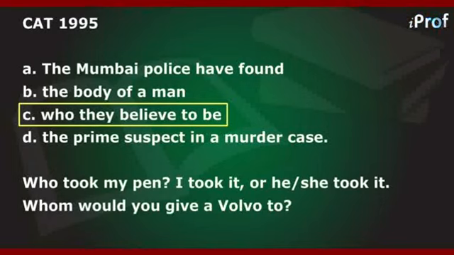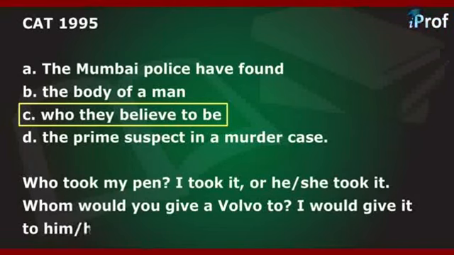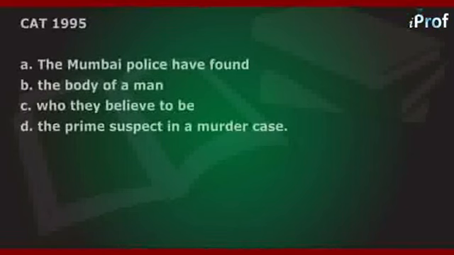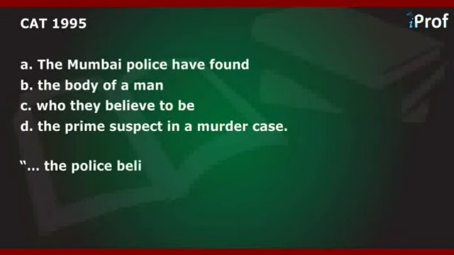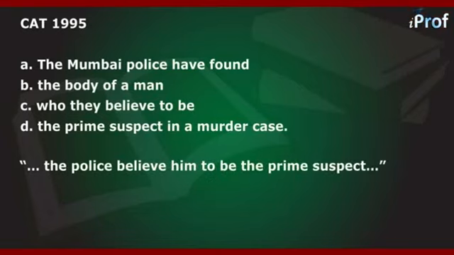And the answer will be, I will give it to him or her. In this example, the police believe the man or him to be the prime suspect. Hence, the word in this context should be whom and not who. Thus, it is part C which is incorrect.